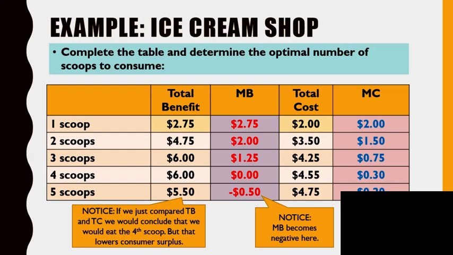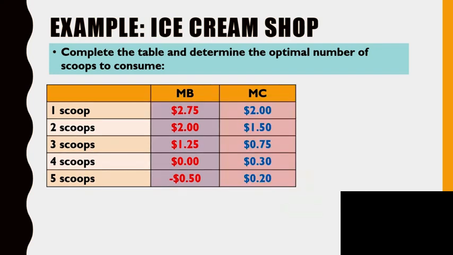Guys, how many scoops of ice cream are we going to eat here? We're going to eat 3 scoops, right? So let's make sure you're with me. It's rational to consume the 1st scoop, the 2nd scoop, and the 3rd scoop. But we would stop at the 3rd scoop. It's not rational to consume the 4th or the 5th.